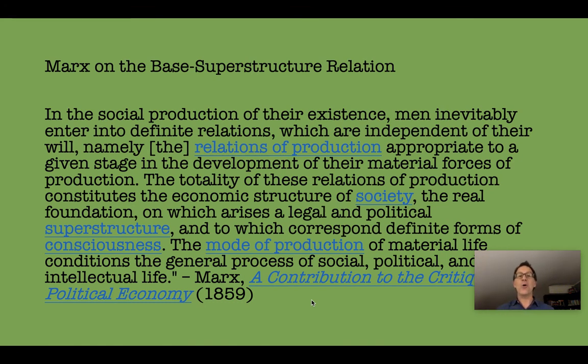And they can also invest in what Marx refers to as a superstructure, which again is a kind of insurance policy that works to support the bourgeoisie's economic and political interests and secure them, right?